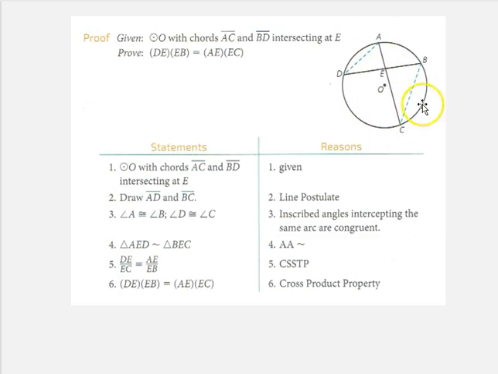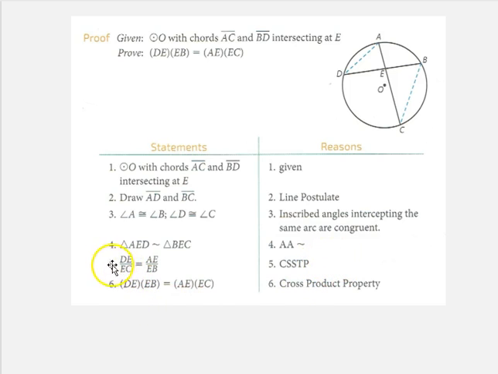What you should probably do on a piece of paper is make a circle and go ahead and mark these in color. The reality is there are other proportions you could have made out of this, but we want to prove certain lines so that we can state our last step. So DE, in the similar triangles, corresponds to EC, and AE corresponds to EB, because of CSSTP.